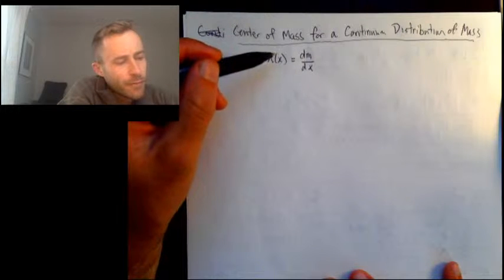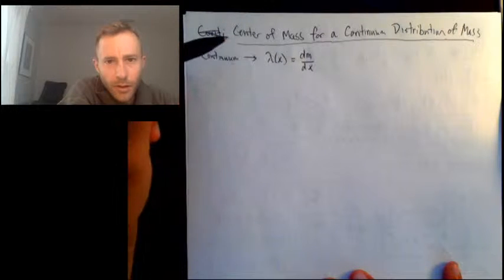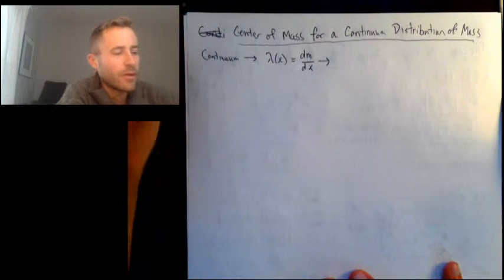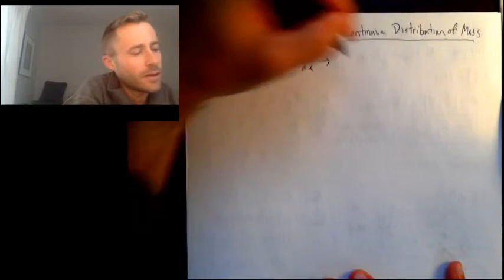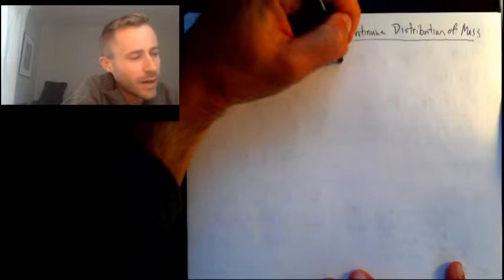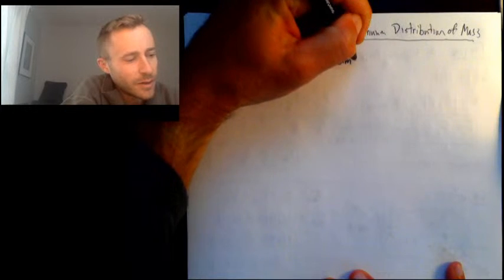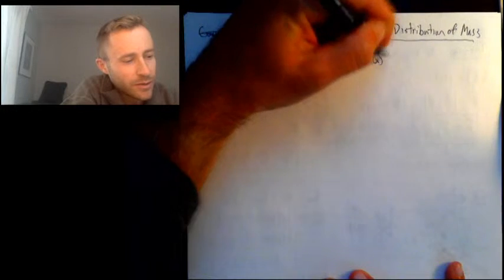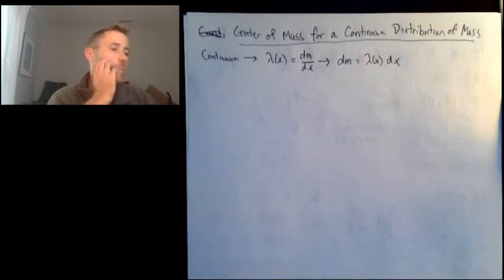All right? So in particular, that means that if I multiply both sides of this equation by dx, dm is equal to lambda of x times dx.